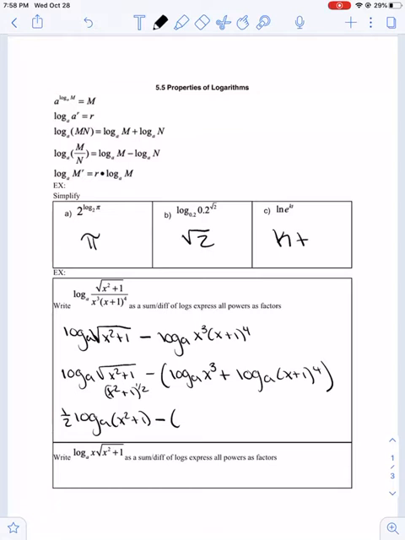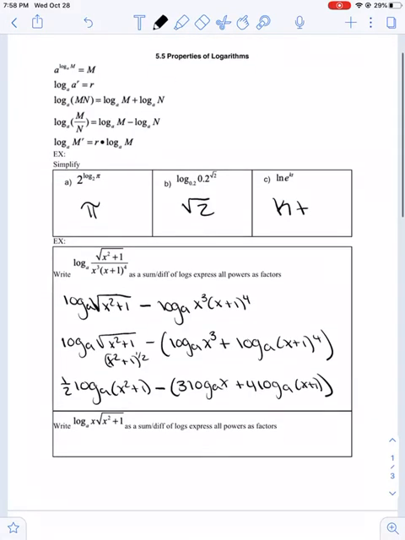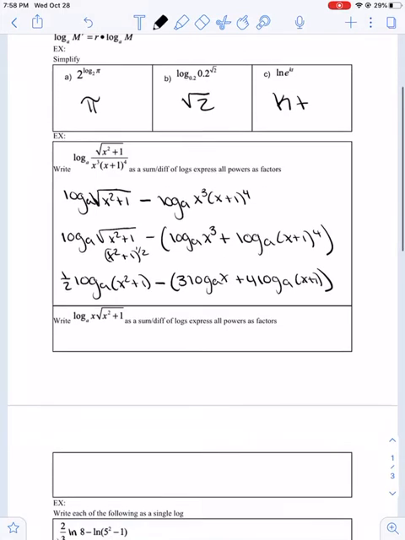And then minus, that cubed is going to go in the front. So 3 log base a of x. That 4 from the x plus 1 to the 4th is going to go in front. So plus 4 log base a of x plus 1. Then remember to keep that in the parentheses. And then that's as far as it can be expanded.